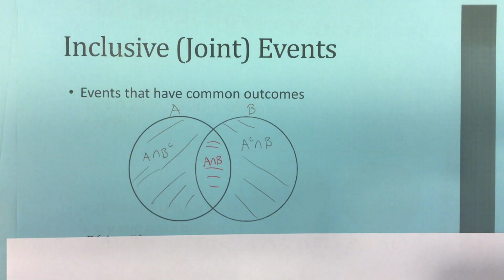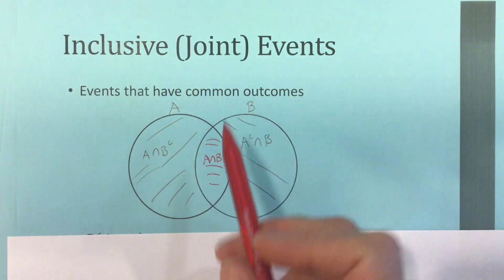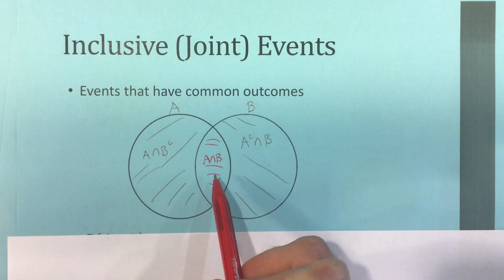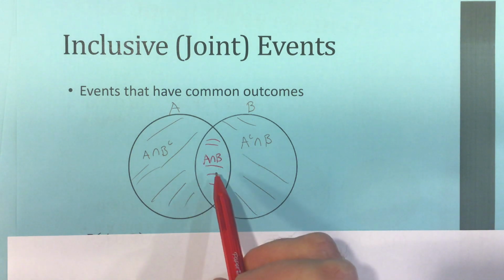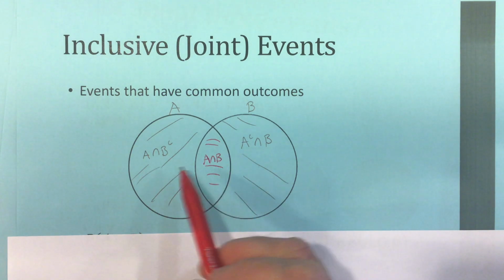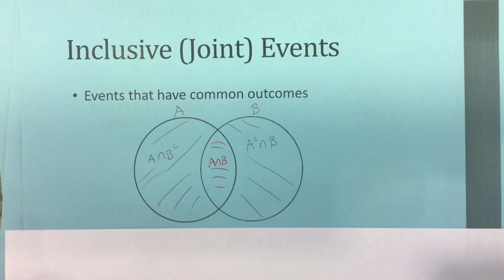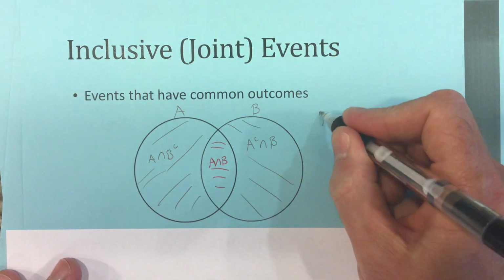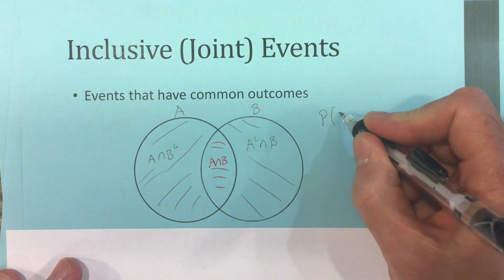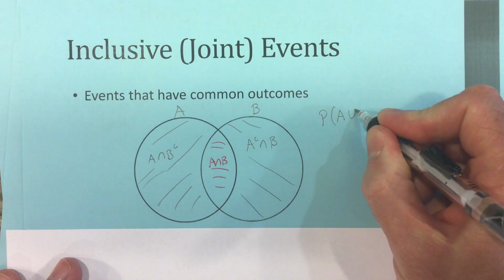That's the overlap, and that's what makes them joint. As soon as this has area, as soon as there's something that can happen where it fulfills both criteria, you have joint events. Okay, so now my question is, let's say I want to find the probability of A union B.